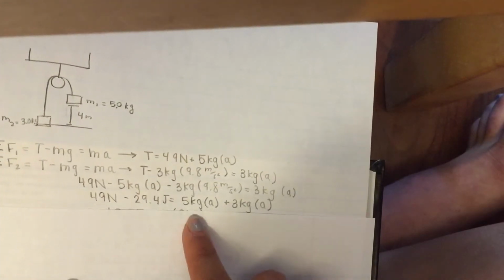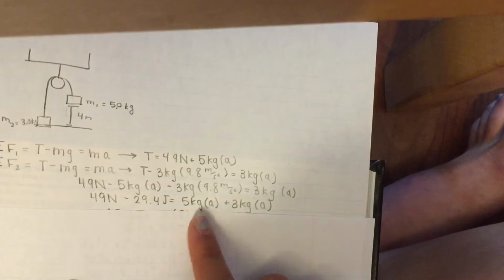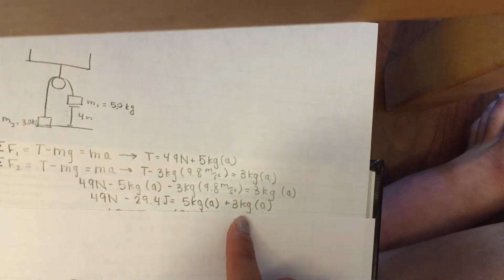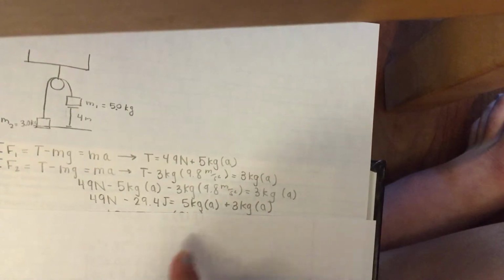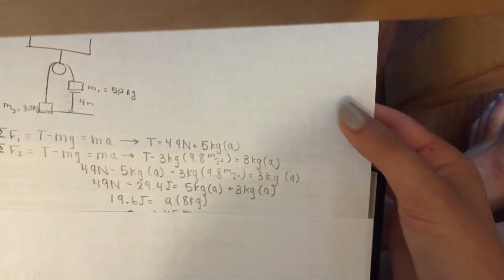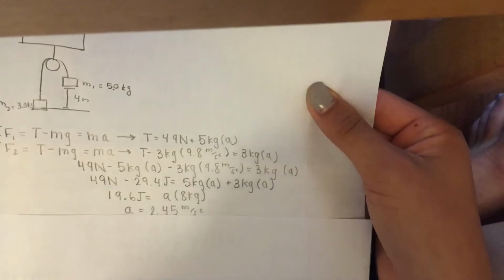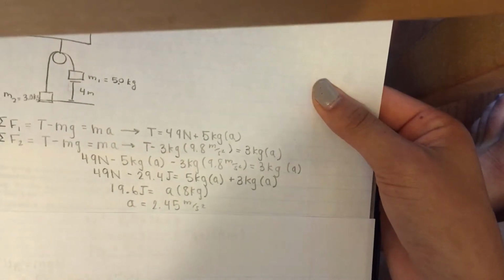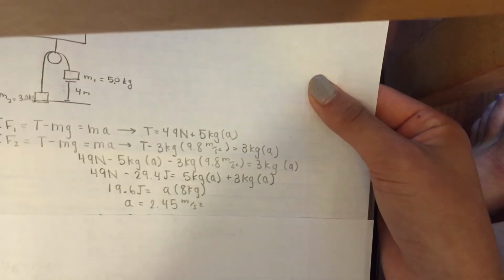So I put both parts of the equation that have A on the same side, and then ended up with 19.6 newtons equals A times 8 kilograms, which gives us an acceleration of 2.45 meters per second squared.